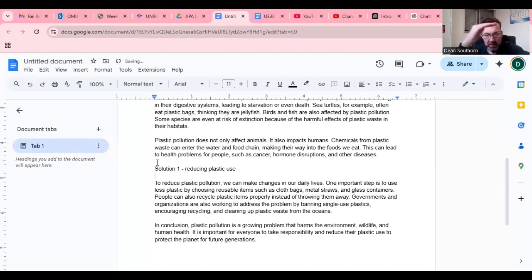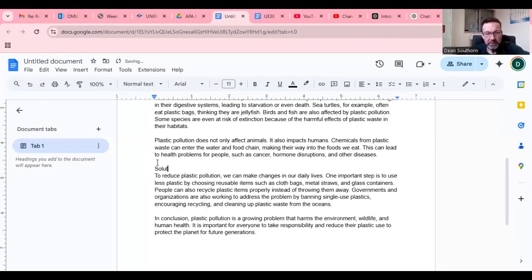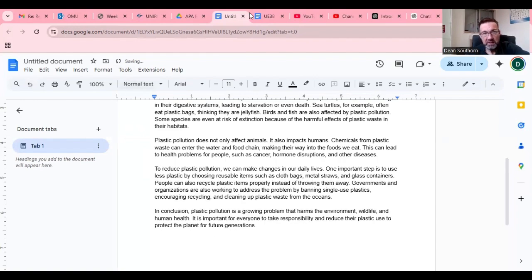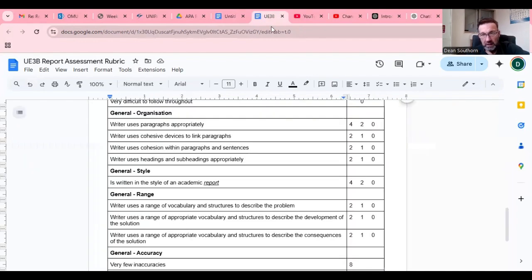Yeah, it doesn't just have to be solution, consequences, problem. You can be a little bit imaginative with your headings, but it is a report, so I would expect to see subheadings.